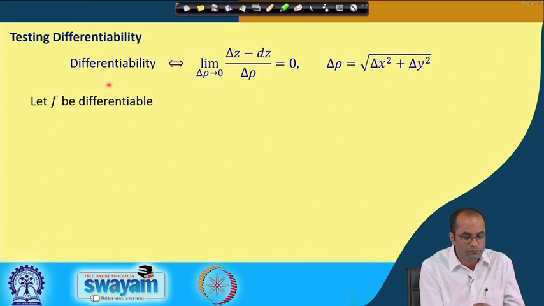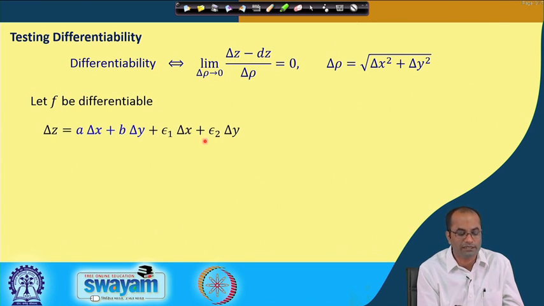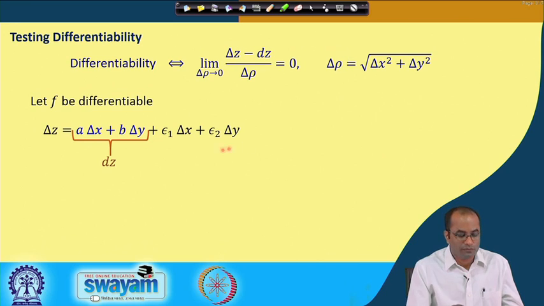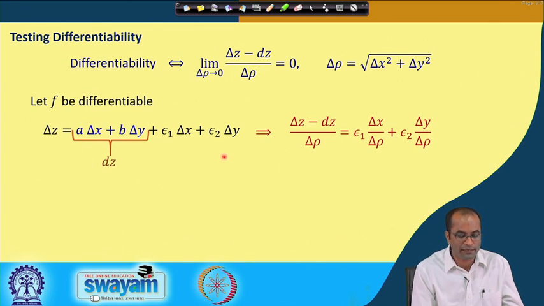So, we will show that if a function is differentiable, then this limit must be 0. If f is differentiable, that means we can express this delta z as a delta x plus b delta y plus epsilon 1 delta x plus epsilon 2 delta y. And now, this is the d z term which we call the differential.